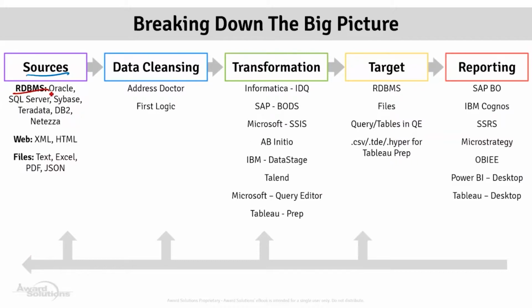We might be using some type of relational database management system, use the web itself and do some type of an API pull, or you might just have this as some type of a file, maybe an Excel file or a PDF. I'm going to put a CSV, because even though a CSV is kind of a subset of the text files, I see a lot of data coming in as CSV files.